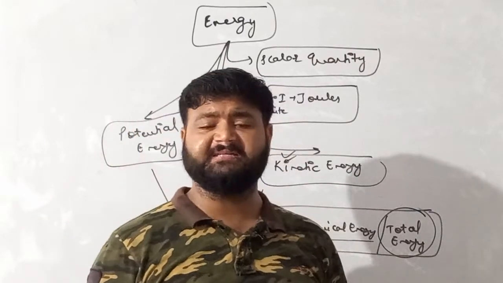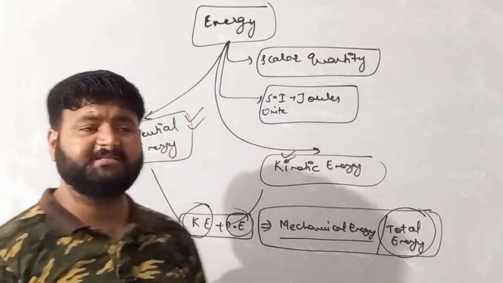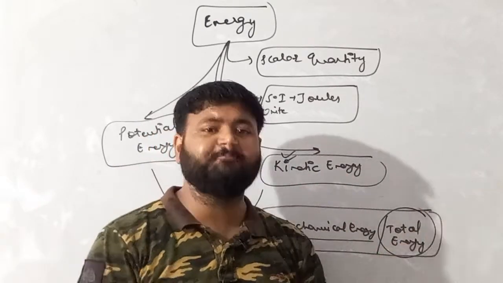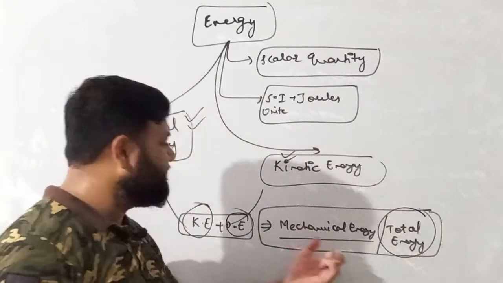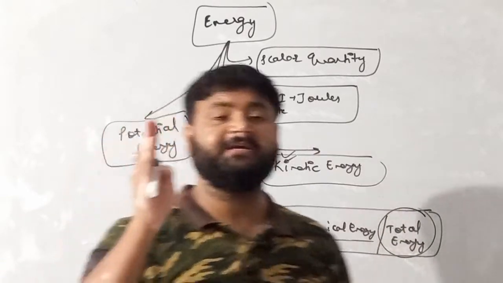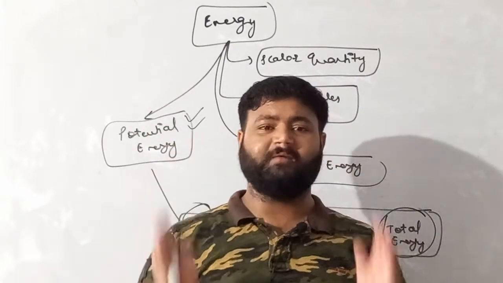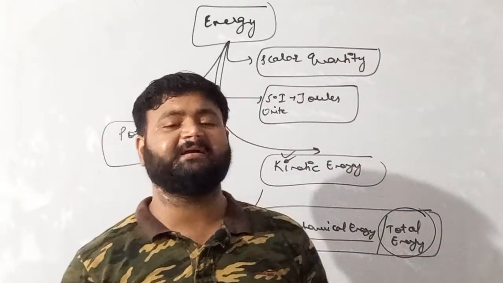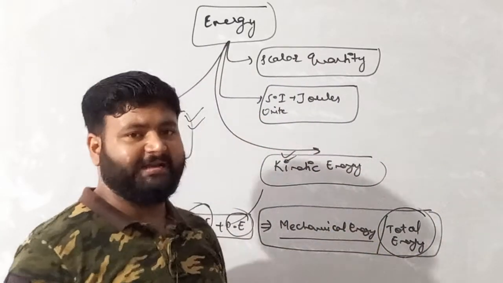If anyone asks how many types of energies there are, I'll say only two: potential energy and kinetic energy. If we add both, we get mechanical energy, or total energy, which is not a part of energy. Total energy is basically kinetic plus potential.